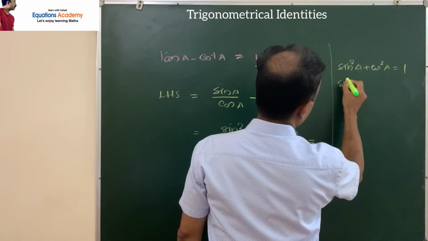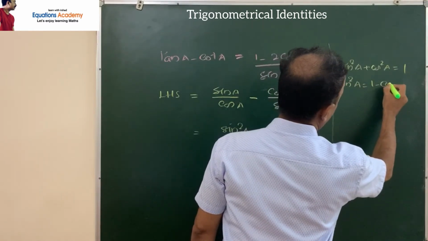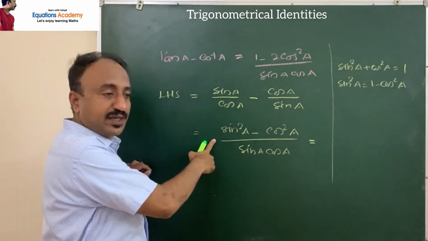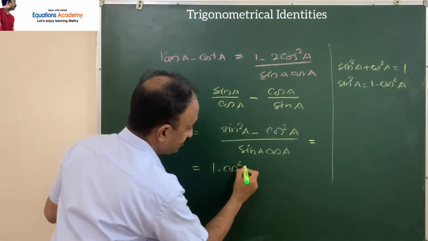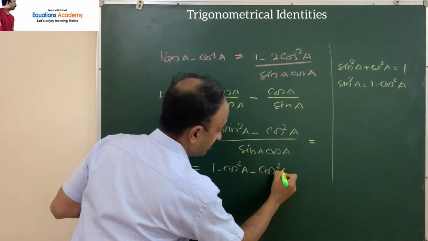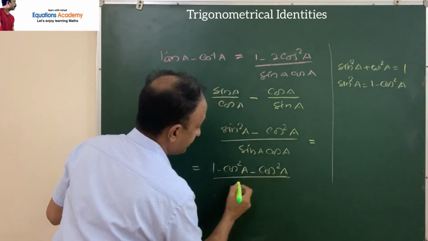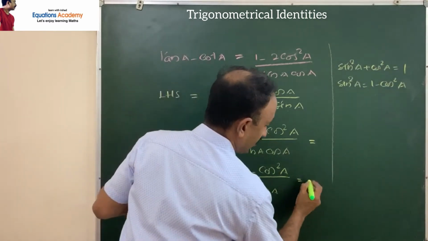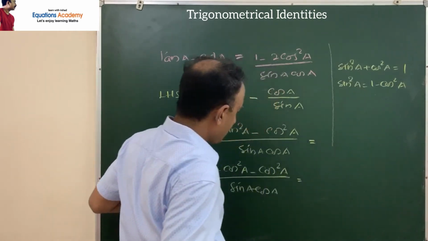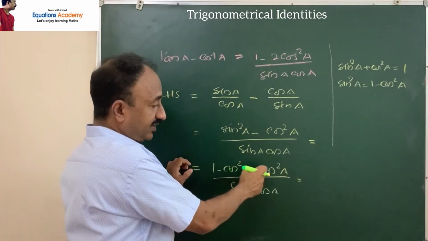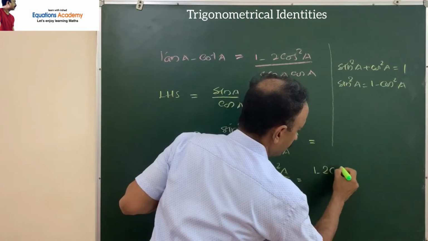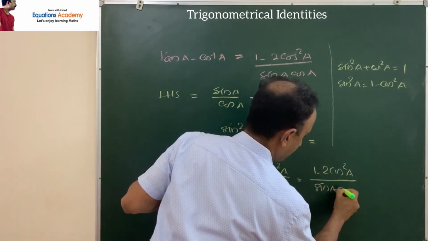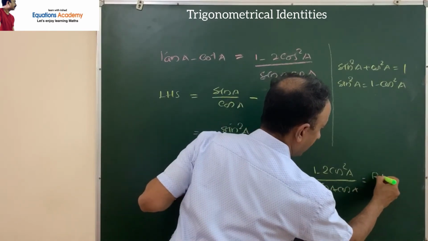Therefore, sin square A is equal to 1 minus cos square A. So this sin square A becomes 1 minus cos square A minus cos square A divided by sin A cos A. This is equal to 1 minus cos square A minus cos square A. It is 1 minus 2 cos square A divided by sin A cos A, equal to the RHS.